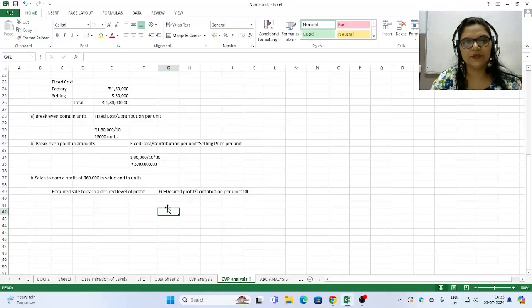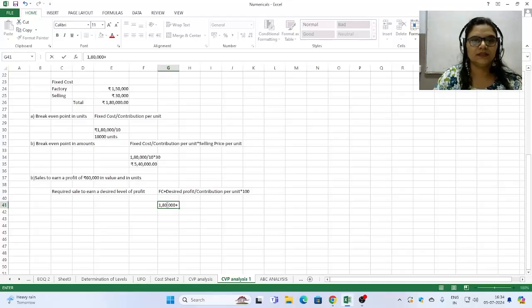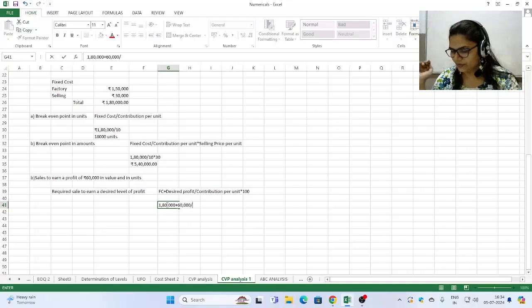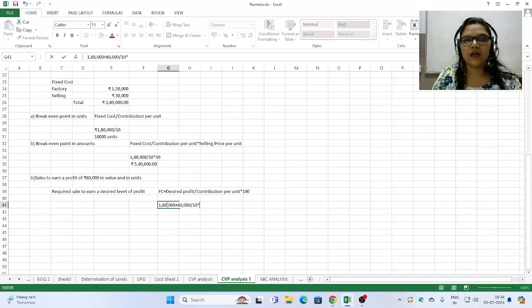So now we will input the values in the given formula, which is 1,80,000 plus 60,000 divided by contribution per unit. Contribution per unit is rupees 10 into 100. Sorry, it's not 100.